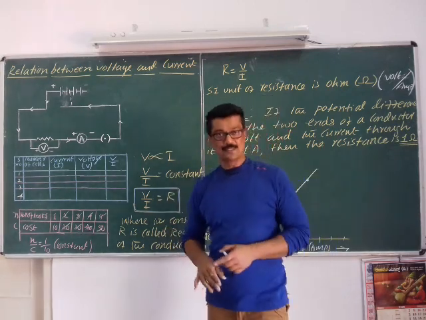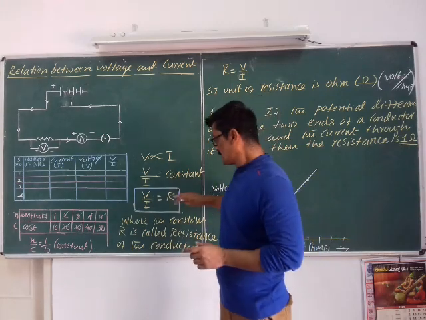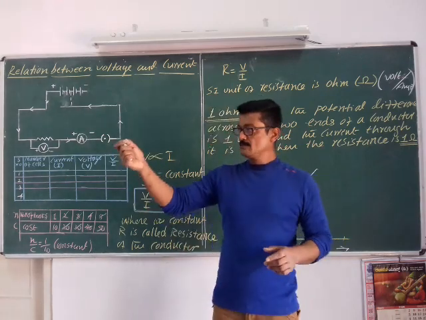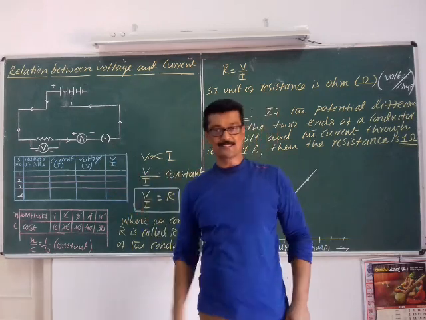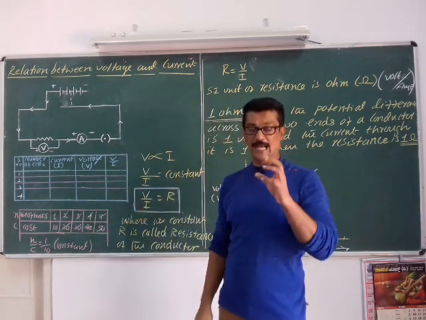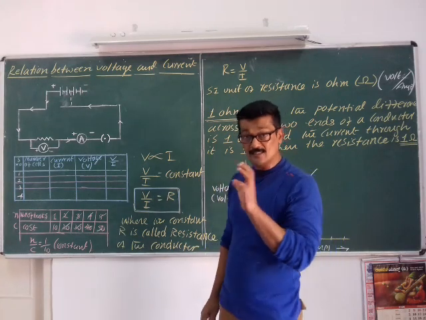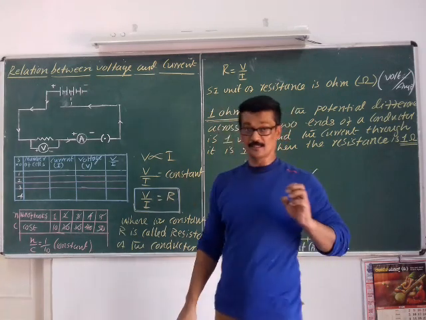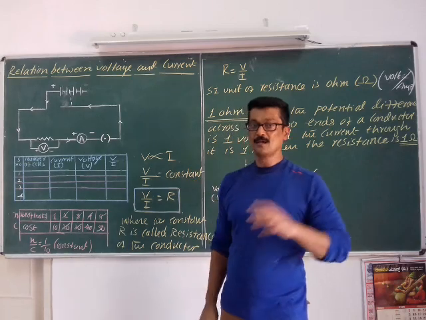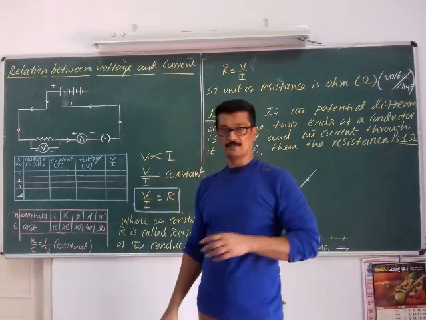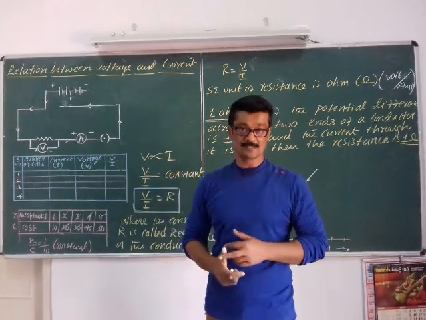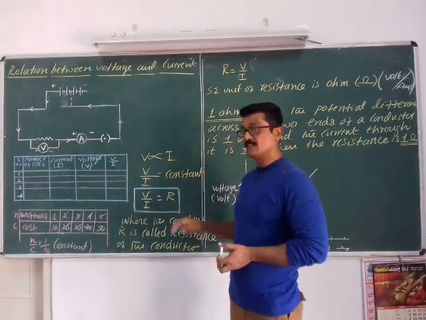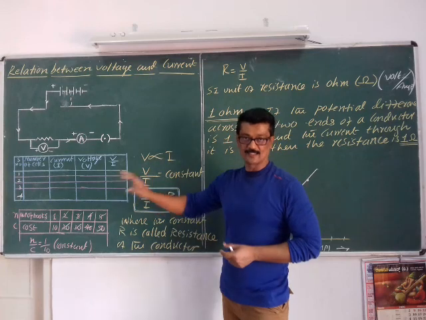Students, I repeat once again, electrons or the charges while flowing through a conductor, the atoms of the conductor restrict the flow of the charges. This obstruction or opposition by the conductor to the flow of charges is what is called resistance of that conductor.